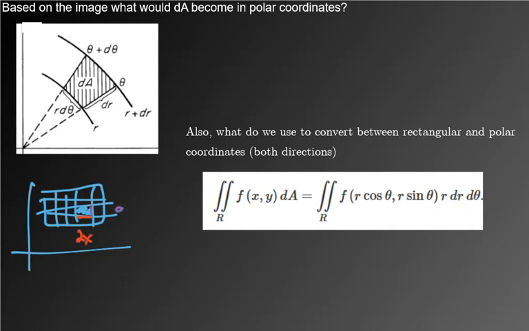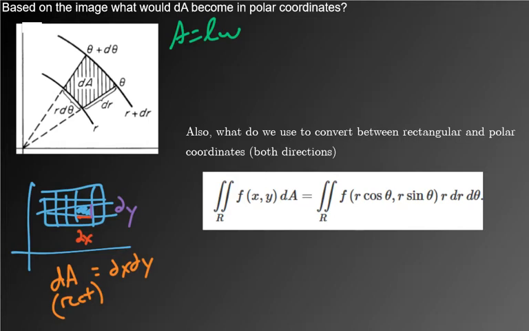And this part is a dy, which is why our dA in rectangular was just dx dy, or dy dx. We still are doing that, and it's still literally area equals length times width. But the way we find the length and width are a little different.